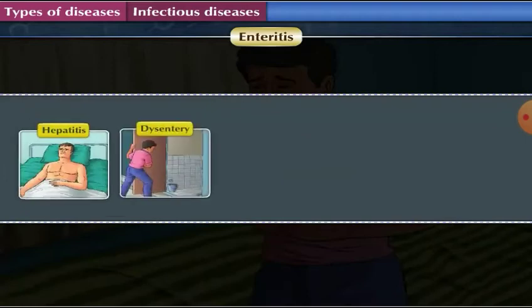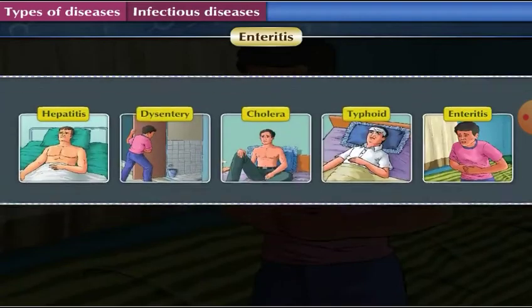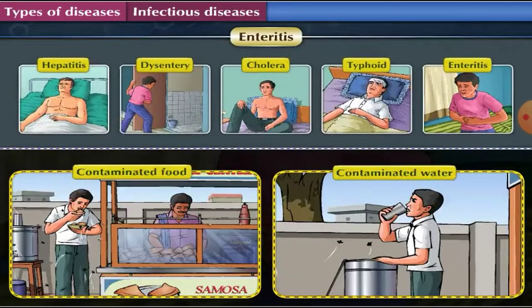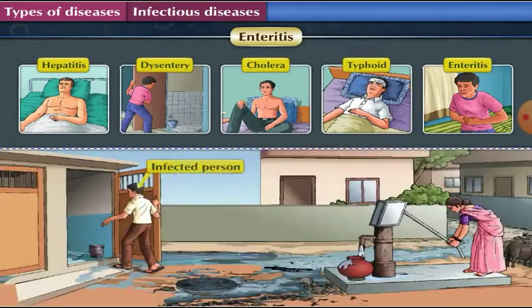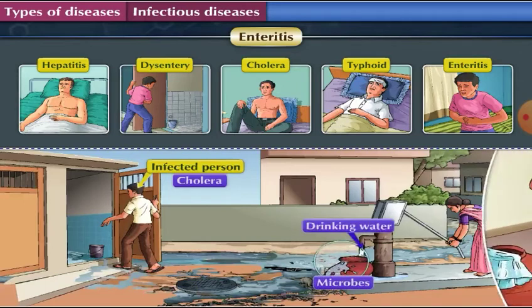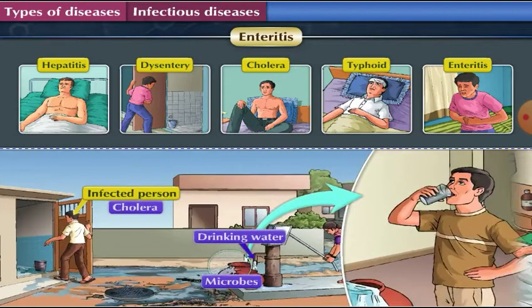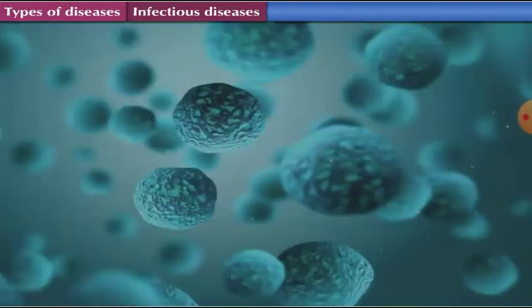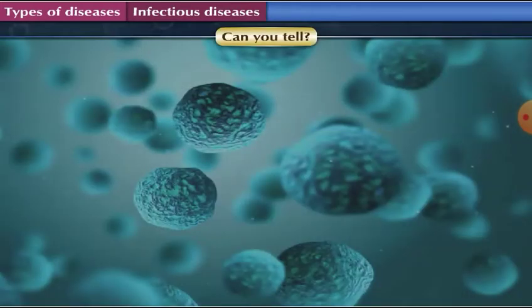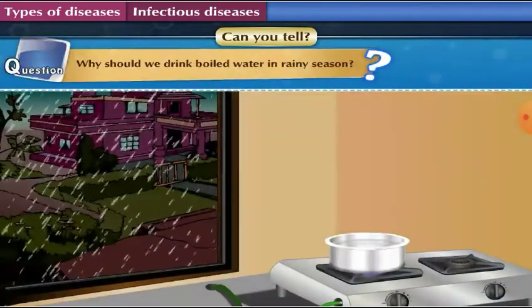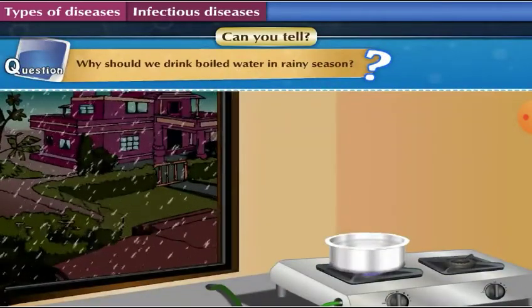Till now, we have studied diseases which spread due to contaminated food and water and by following unhygienic practices. Based on this, let us carry out a quick Can You Tell session. Can you tell? Why should we drink boiled water in rainy season?